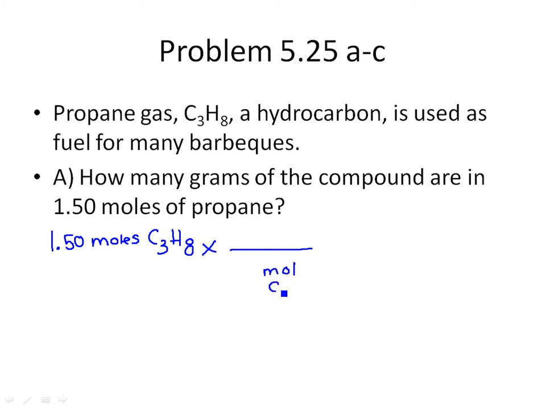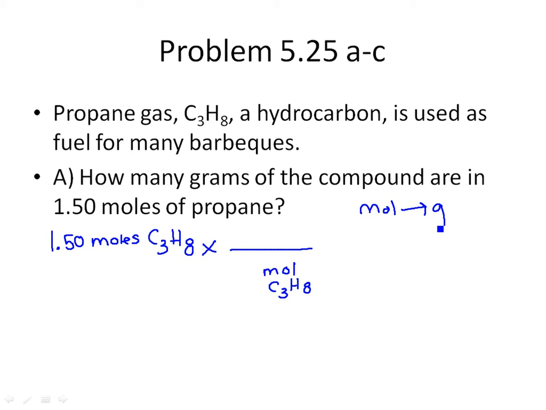We know that we have to have moles of C3H8 on the bottom so that our units will cancel. Really all we're doing here is converting from moles to grams of propane. The key here is that we've got to add up the molar mass for C3H8.